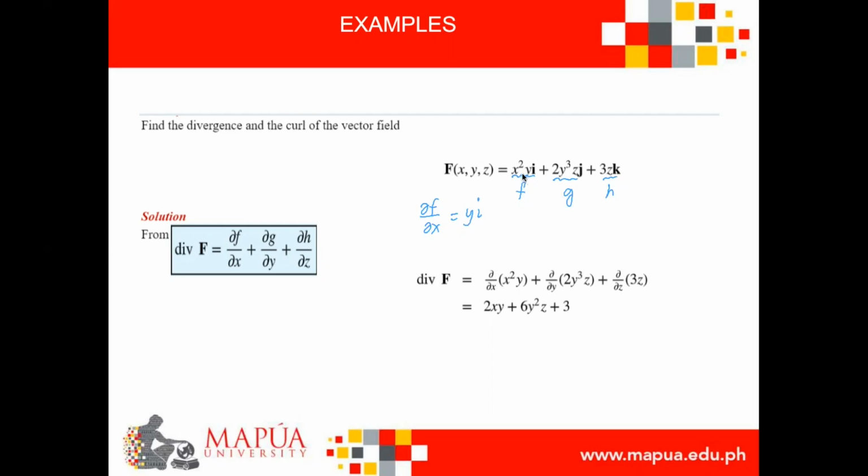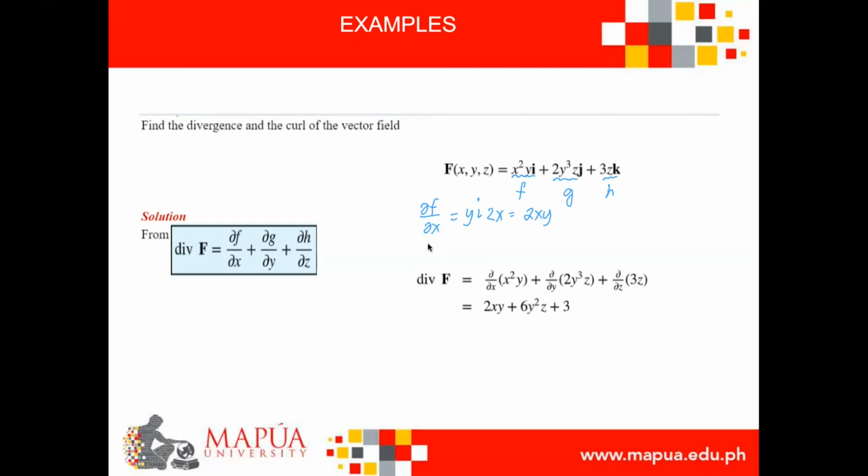Then getting the derivative of x squared, that is 2x. Or simply, we can write this as 2xy i. But since this is the divergence of the vector field, we may not include i. So we can write it as 2xy.